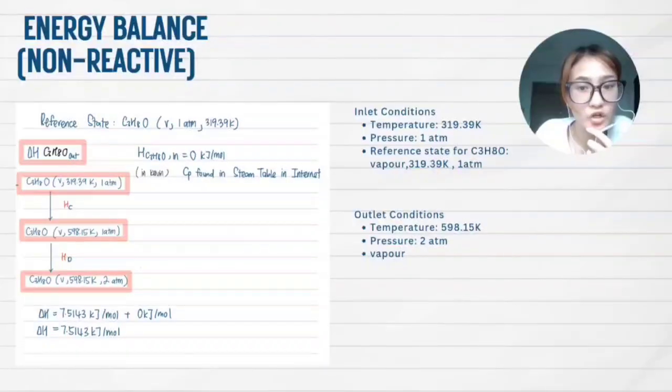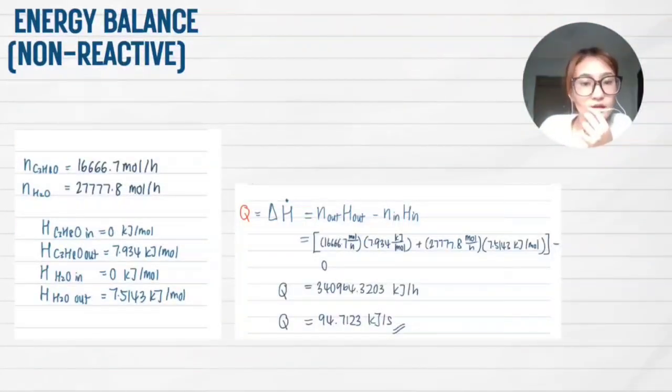After that, we change our pressure from 1 atm to 2 atm, which we consider as 0 because it's in gas phase. By using Q equals N out H out minus N in H in, we get 94.7123 kJ per second for our non-reactive system.